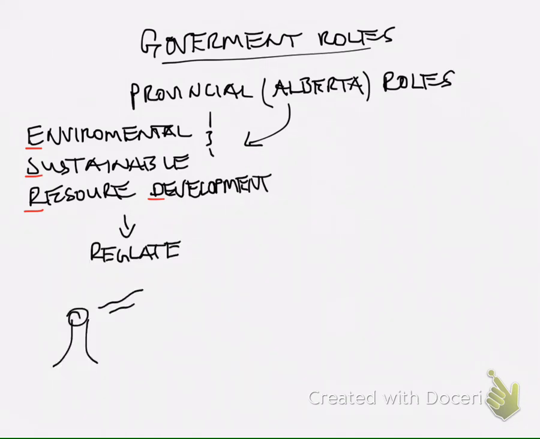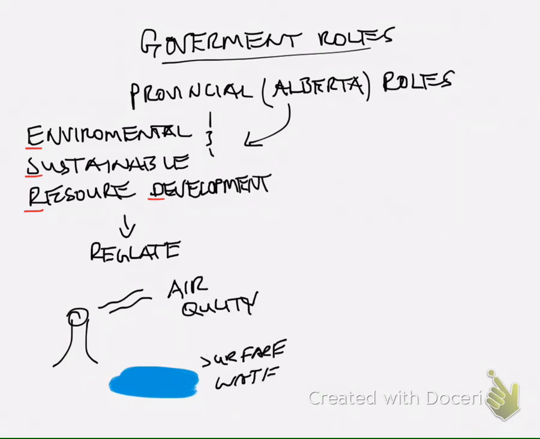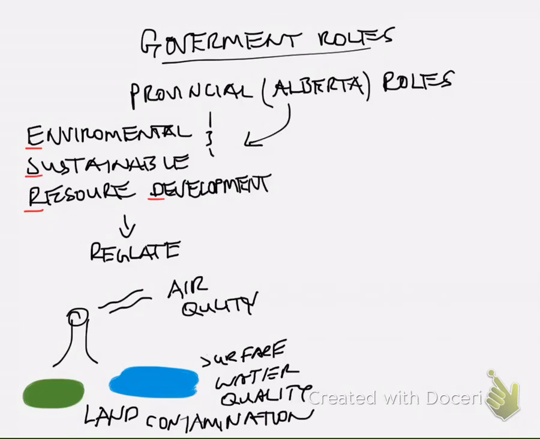They regulate air quality. They regulate surface water quality. They also regulate land, or help prevent contamination to the land. They regulate all that at the provincial level, not so much for the whole country, but for each individual province, because each province has its own industry, so that responsibility is handed down to the provinces.